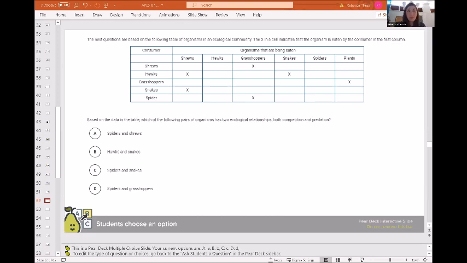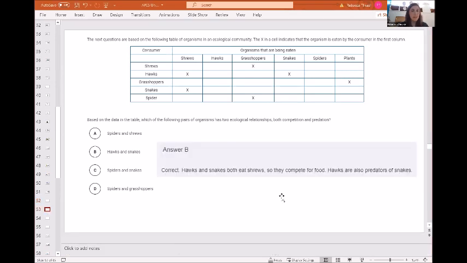All right, I think we're mostly thinking it's got to be those hawks and snakes. So let's see. That is correct. So this table can throw you off a little bit at first, but this isn't as difficult as it looks. So in this column, you've got the consumers, and then here is what they're eating in each row.